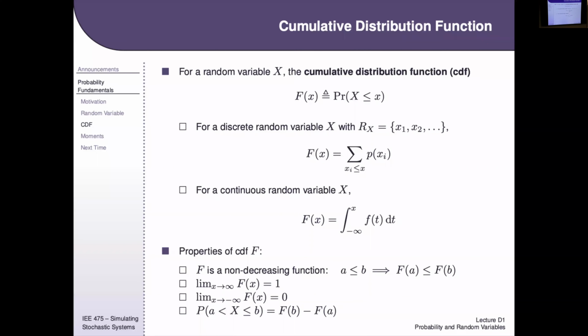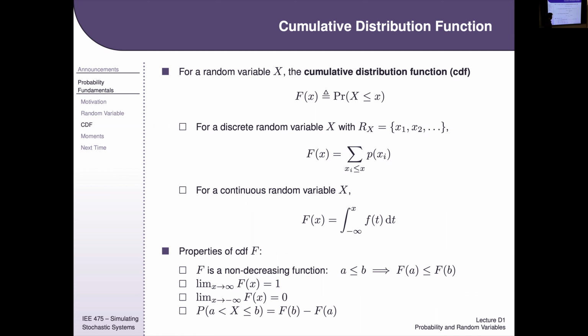CDFs have a really cool set of properties. For one, F is a non-decreasing function. So if a is less than or equal to b, then F of a will be less than or equal to F of b. That ends up being a really useful property. F is also bounded because F is a probability.